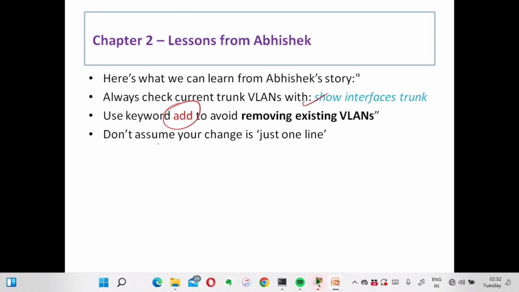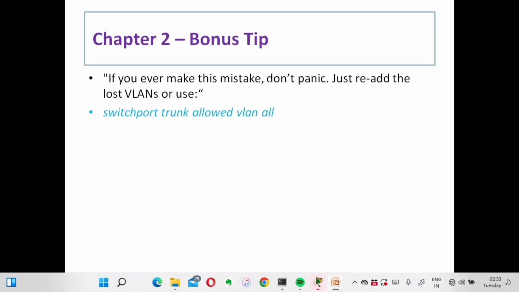Don't assume your change is just one line. This is something many people do, like whenever this is a very simple change, we'll do it and we'll go home. So no change is a simple change. You have to take proper pre-checks, post-checks. Proper commands should be executed. So a bonus tip which I have already given you, switchport trunk allowed VLAN all.